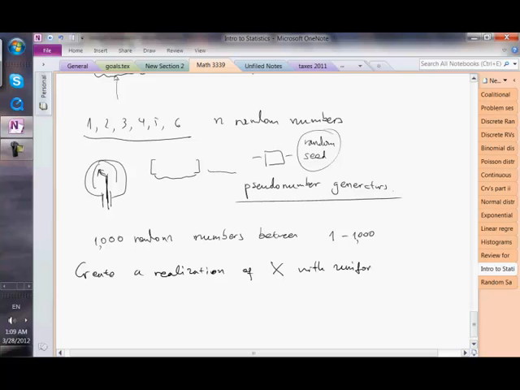That's a very crucial step. So now X, that random variable, is a continuous random variable, and what I create is a realization of this.